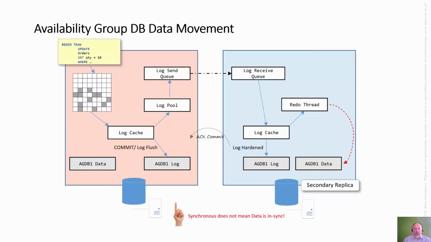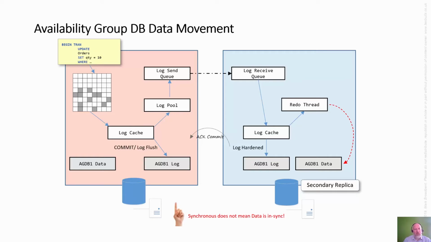Now this slide is a little bit more complicated than it really needs to be. The whole point of this slide is really just to indicate to you guys that one of the common failings with availability groups is this common perception that if I query a secondary replica, which are known as readable replicas, if I'm using a synchronous secondary replica, which means that the secondary replica is in sync, you would by definition presume that you are getting a point in time correct piece of information back from that secondary.